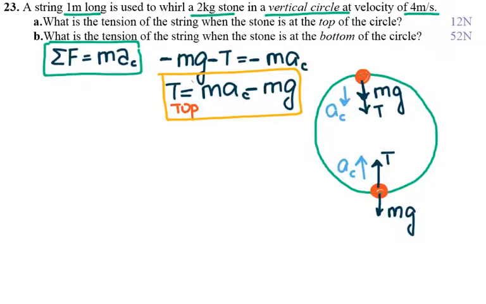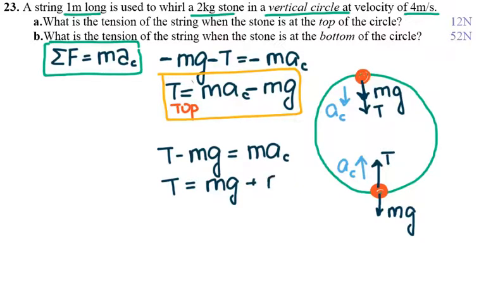Tension is positive, and mg is negative. That's the sum of two forces, and equals mac. ac is positive, so it's mac. Now if I solve for tension, in this case, I have mg plus mac. And this one is at the bottom.